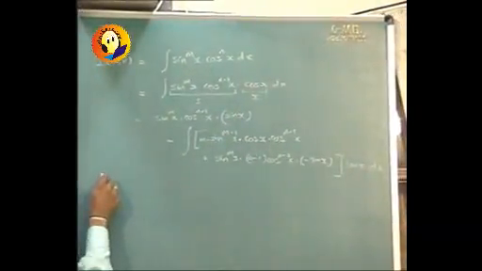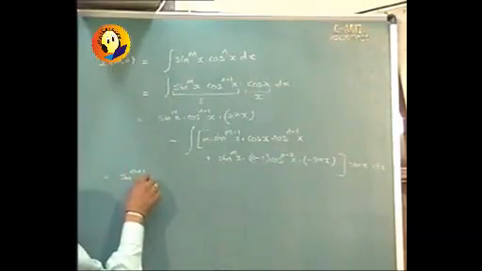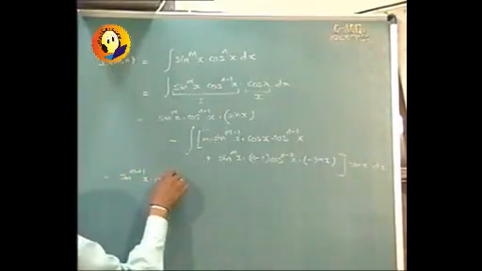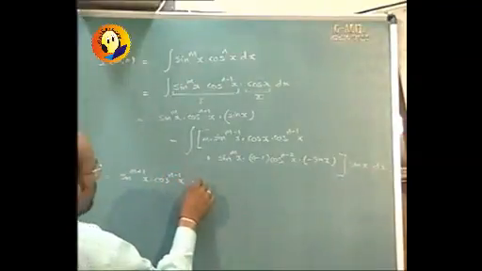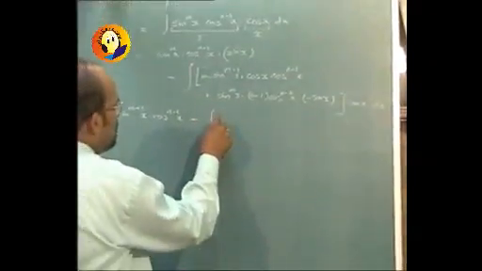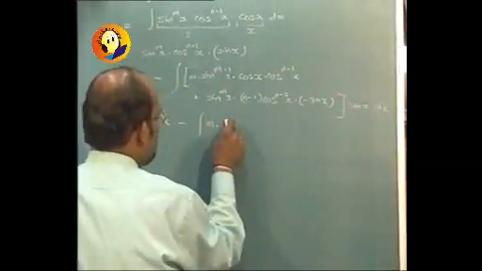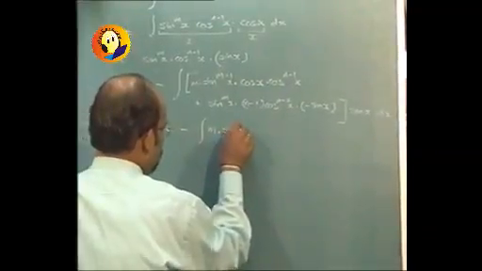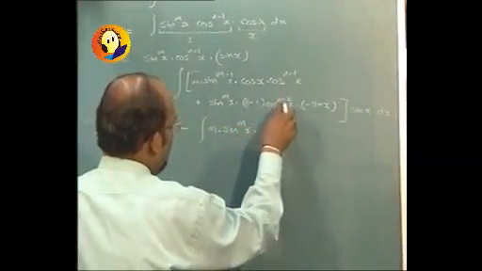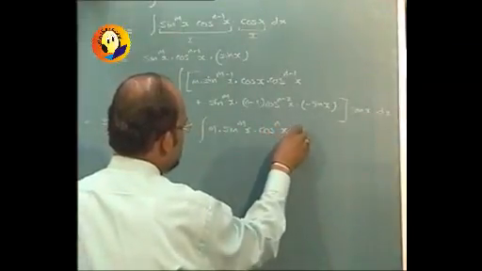So it can be now written as sin raised to m plus 1 x cos raised to n minus 1 x minus integral. The first term will be m. If you multiply by sin, it will be sin raised to m x, and if you multiply by this cos term, it will be cos raised to n x.